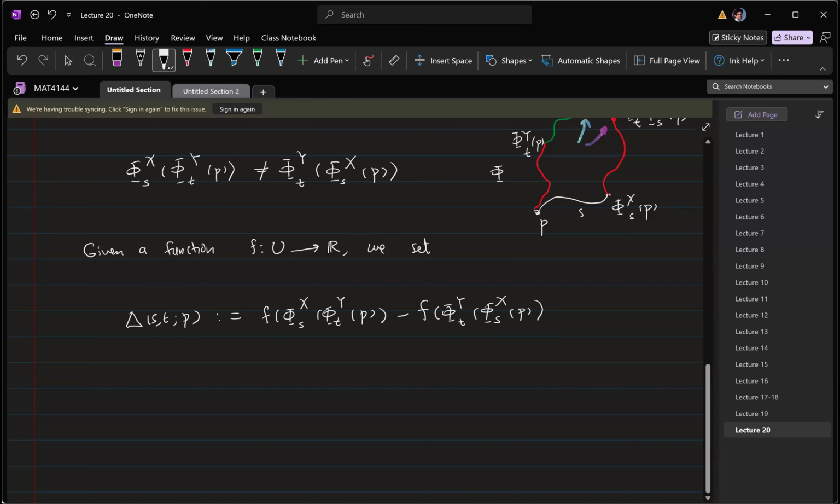Okay, so now this difference in values can tell us about how distant X and Y are for a given function. So that's one way to measure this without referring to a distance on U.